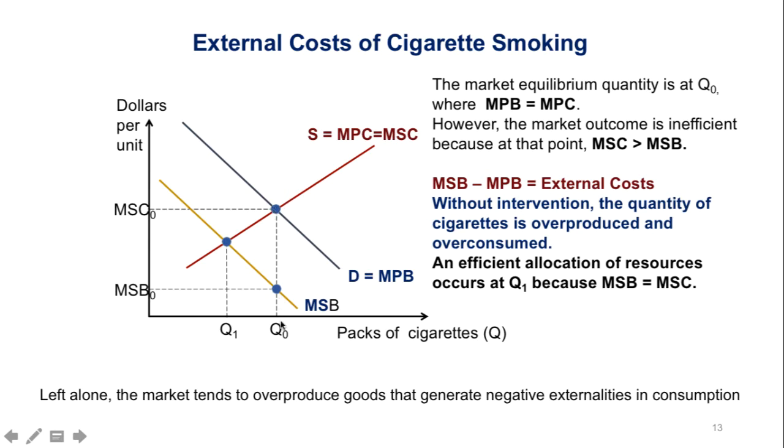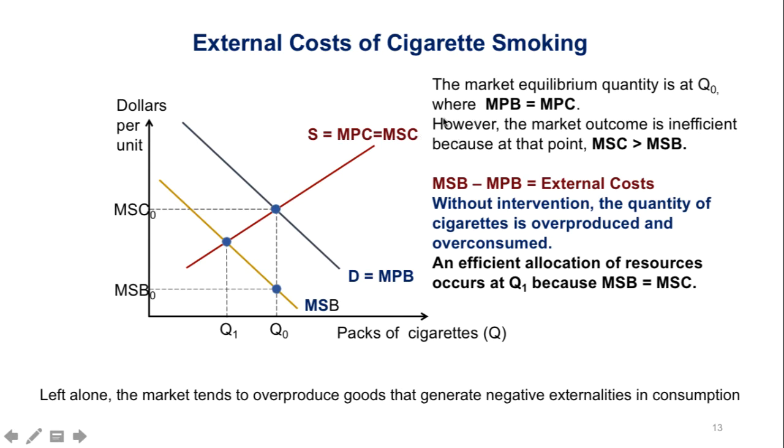At this point, the person decides where my demand and supply intersect. My demand is my marginal private benefit, and my supply is based on my marginal private cost. So I determine individually to smoke this number of cigarettes, Q0.